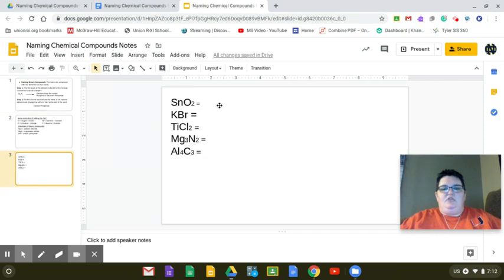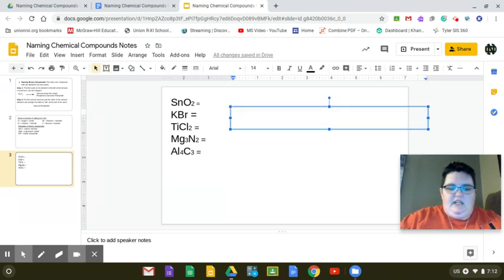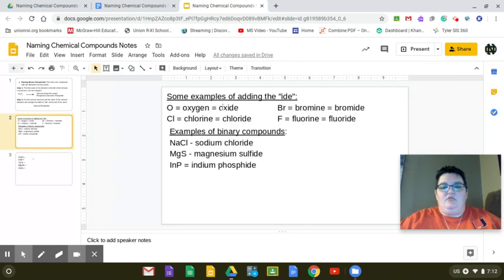So SnO2 is going to be tin for the first word. Sn just stays tin. Then O, we should all know by now, is oxygen. If we go back to the notes, it showed us that oxygen, since it's the second element in the chemical formula, is going to become oxide.